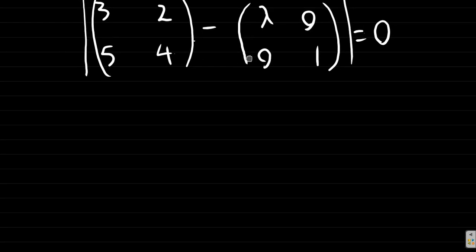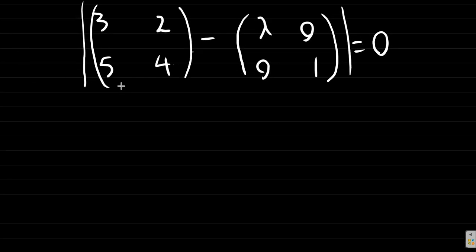So now, what happens after that? What we have is the determinant of the matrix. You subtract the corresponding elements: 3 minus lambda. Then we have 2 minus 0, which is just 2.